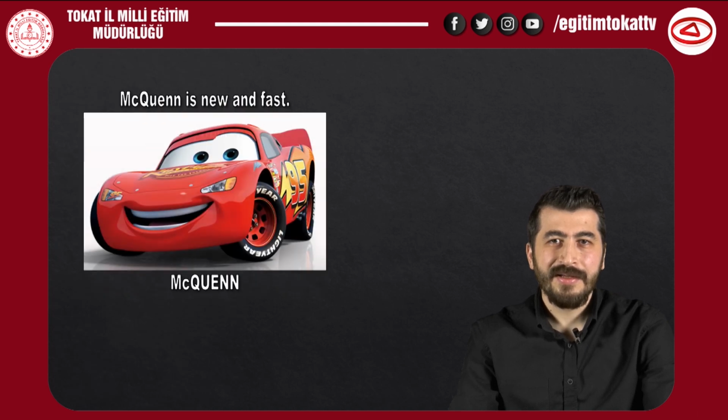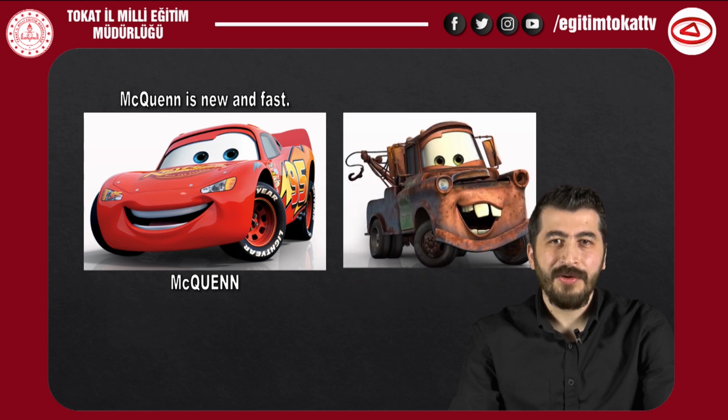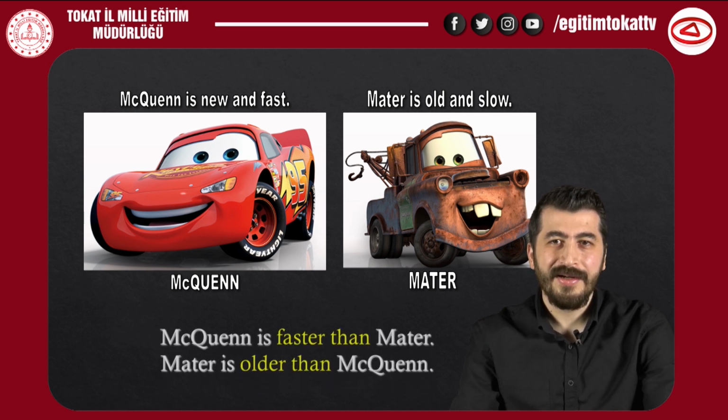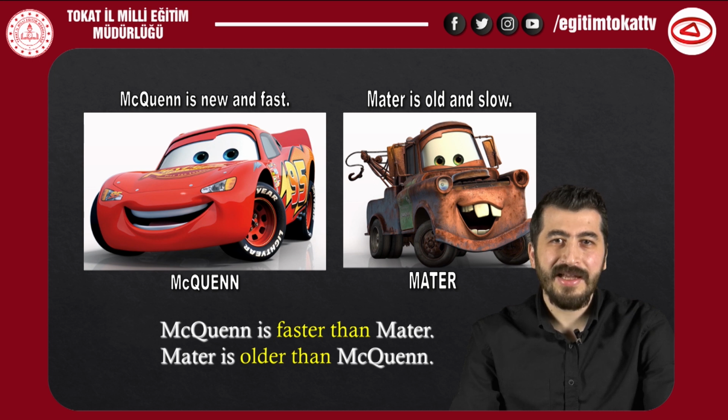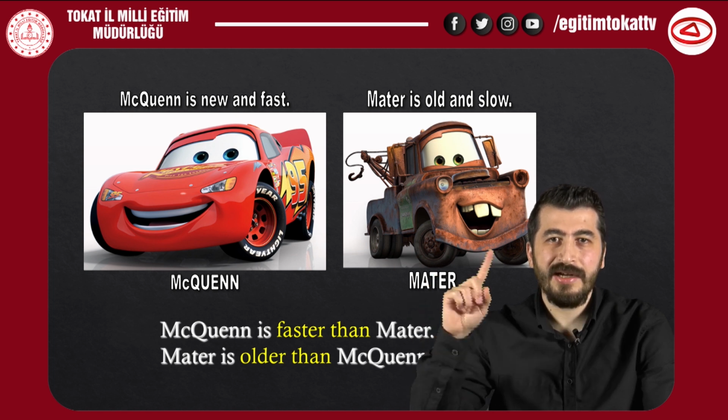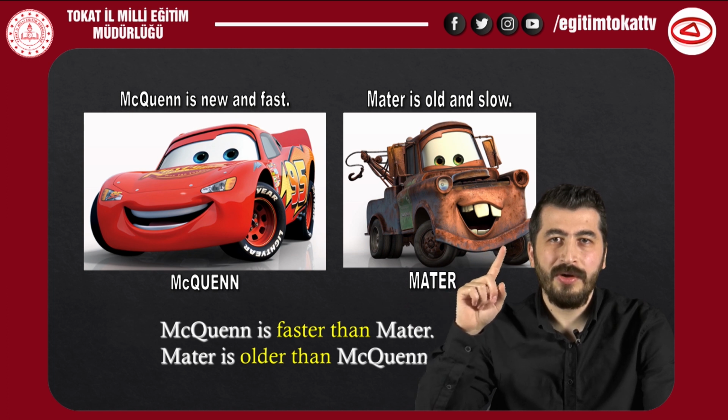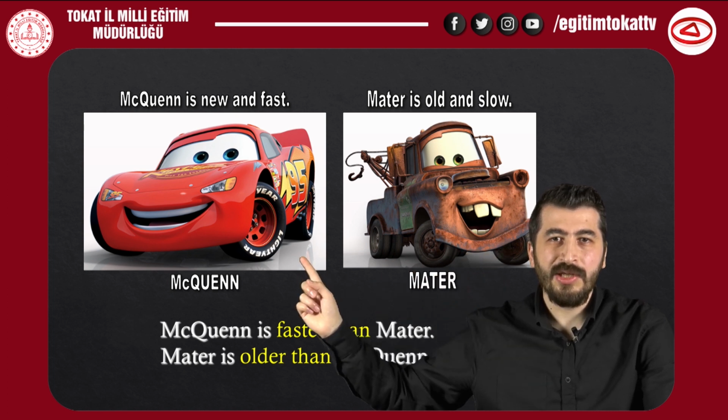McQueen is new and fast. Do you know this one? Mater is old and slow. Let's compare. McQueen is faster than Mater. Mater is older than McQueen. You can use other adjectives like slow or new.